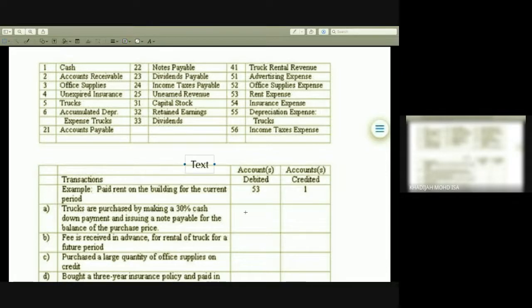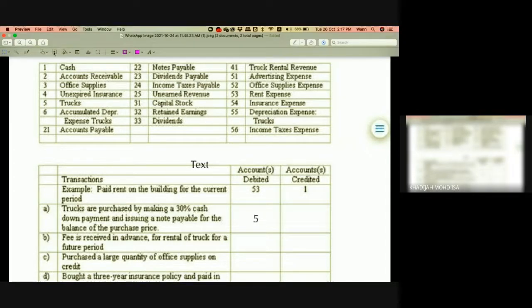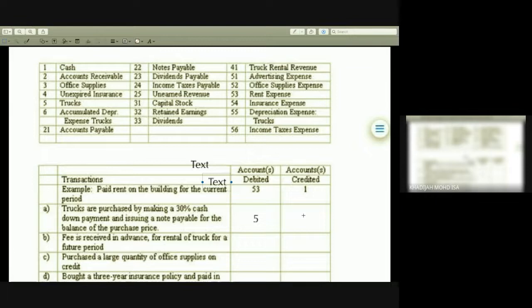You are going to debit your truck account, number 5. Accounts to be credited is your cash. Cash is account number 1.